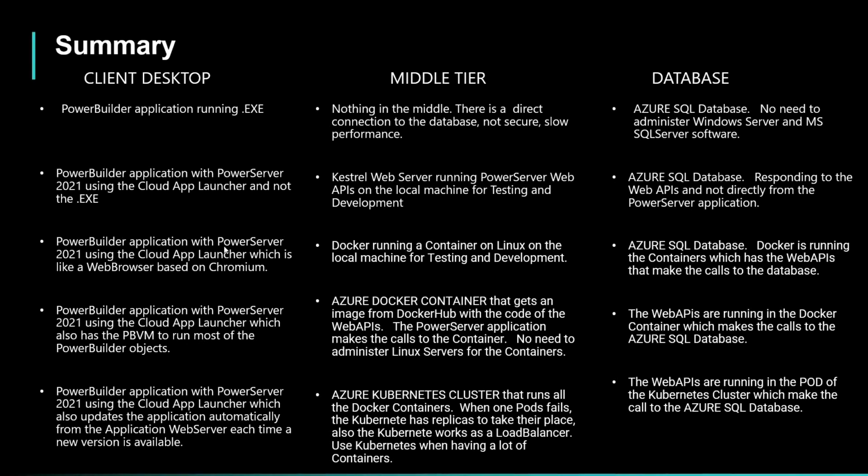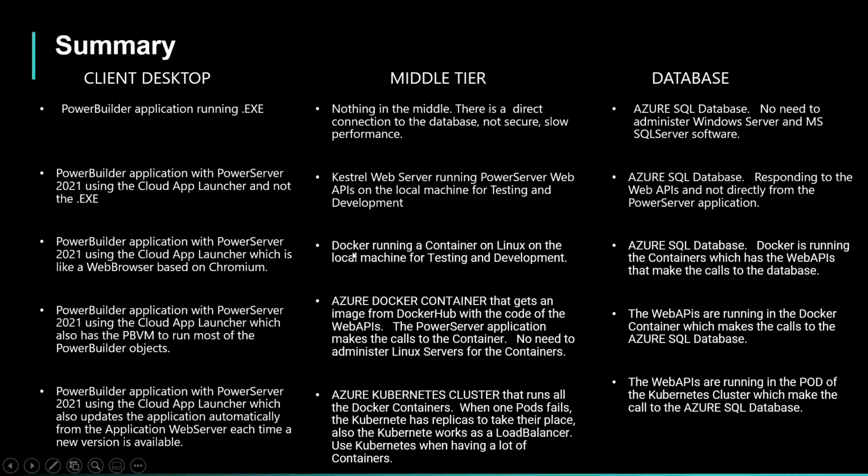In previous releases, PowerServer was relying on Internet Explorer or Microsoft Edge, and now there is not that dependency anymore. In the middle tier, in this example, we use Docker running the container on Linux on the local machine for testing and development.